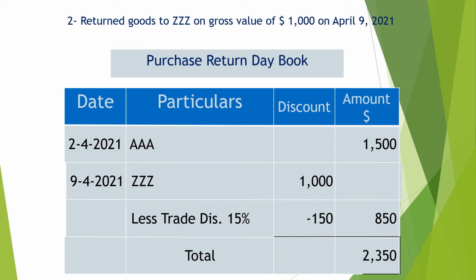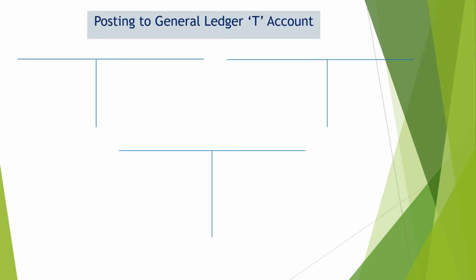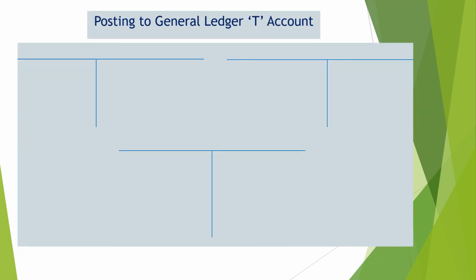Assuming that there are only 2 entries in the month of April, the purchase return daybook total is 2,350.